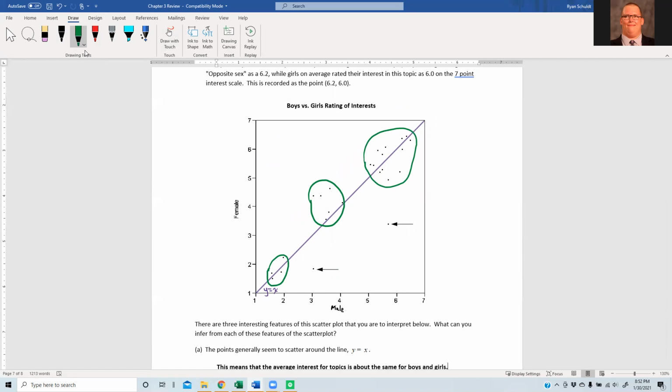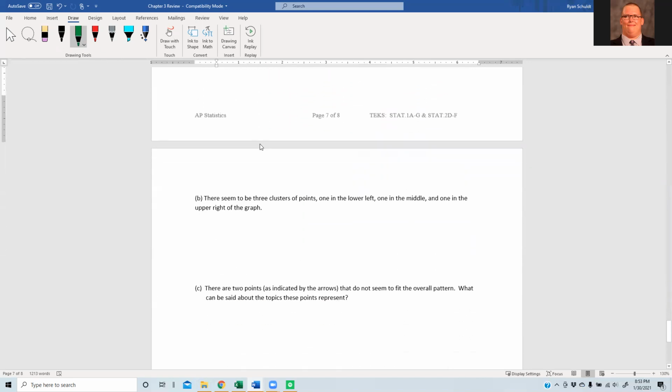To me, what that says is that they tend to rate things not only the same, but boys and girls tend to give some things higher, like that's most of their interest, while other things are not quite so much their interest. So they seem to agree on most areas of low interest, medium interest, and high interest. Except those two outliers, but we're getting to them. Patience, young one, patience.